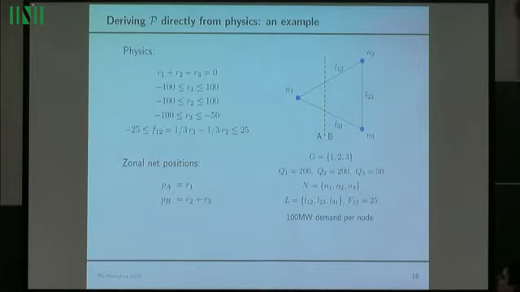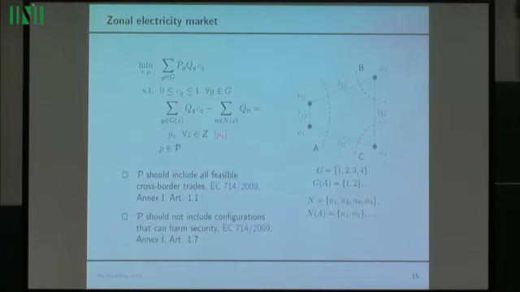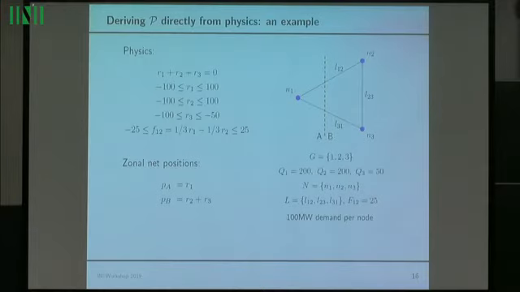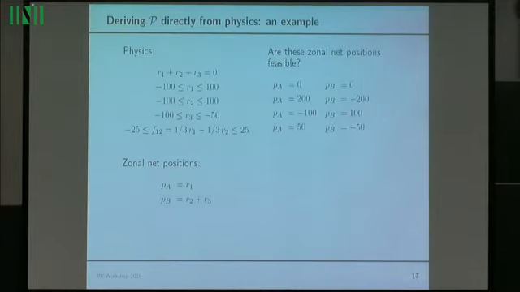So if I ask you which configurations of zonal injections satisfy the laws of the European Commission, the rationale is the following. Let's consider a couple of different examples here. If I don't trade anything, then I can respect the regulations mentioned earlier, in the sense of being able to find a nodal net injection that satisfies the zonal net injections without violating the physics of the network.